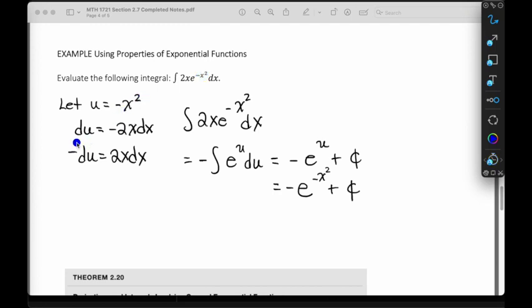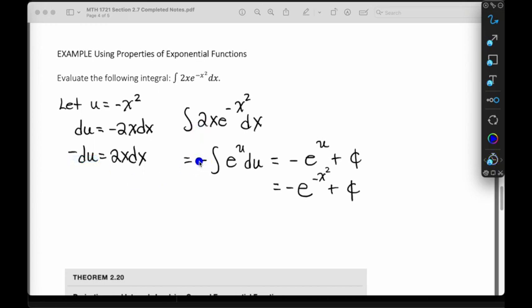So when I take the derivative, I get du is equal to negative 2x dx. So up to this point, I have e to the u. What I need to do is still replace the 2x and the dx. So I want to replace 2x dx with something in terms of u. So I'm going to divide both sides by negative 1 to isolate the 2x dx. So I'm going to replace 2x dx with a negative du.